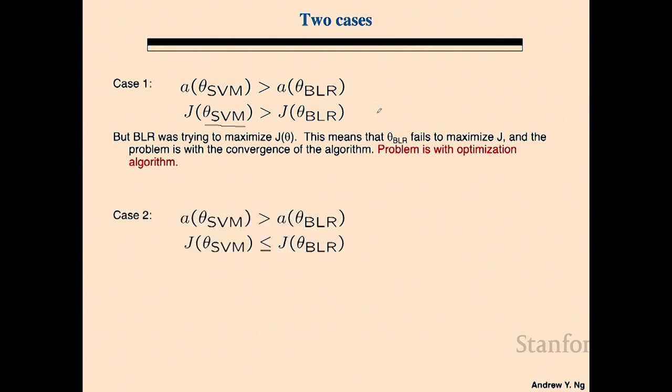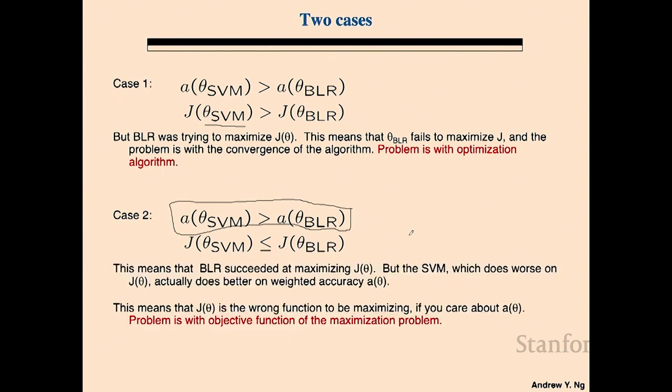Case 2: again, I'm just copying over the first equation, because this is part of the problem setup. And in case 2, the second line is now a less than or equal sign. Let's see how to interpret this. Looking at the second equation, it looks like Bayesian logistic regression did a better job than the SVM at maximizing J of theta.